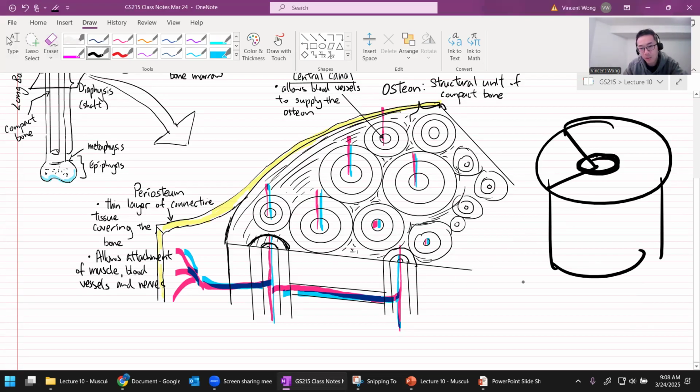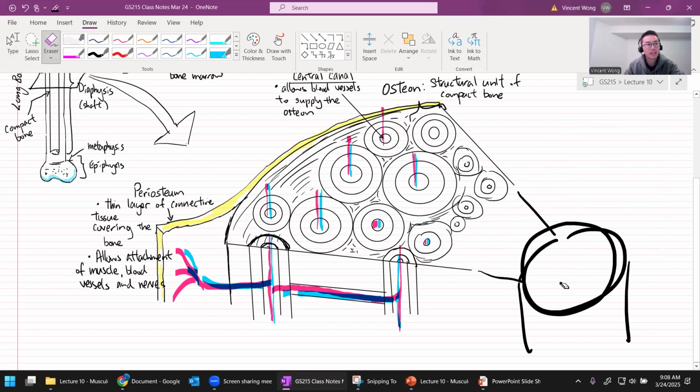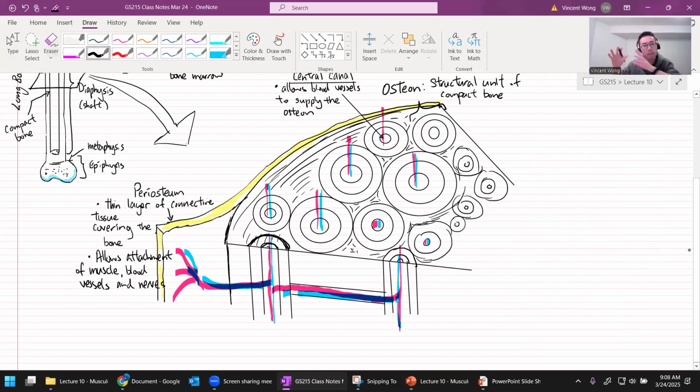As we go towards the center, this is going to be the medullary canal. But don't draw that yet, I have to explain a little bit more. Don't confuse the medullary canal, which is the center of the long bone, with the central canal. The central canal is in the center of the osteon. All right?